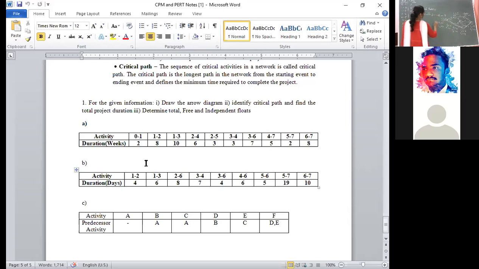It's 10. 3 to 6, what is the duration? It's 7. 6 to 7, what is the duration? It's 8. If you add this, you will get 27.